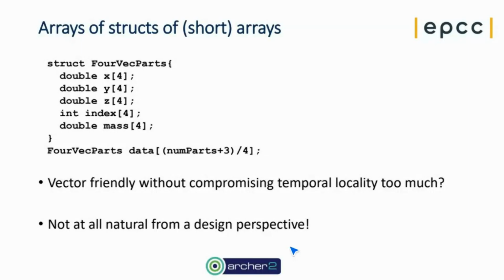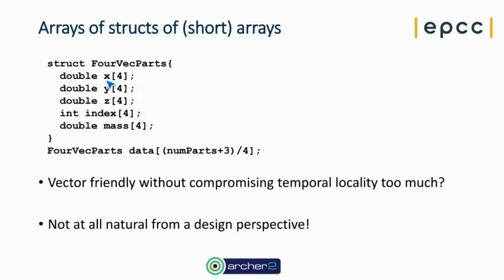And we can also do some compromise in between. For vectorization, we can have arrays of structs of short arrays. Instead of having a structure representing one particle or all the particles, we might choose to have a data structure that represents, in this case, say 4 particles.